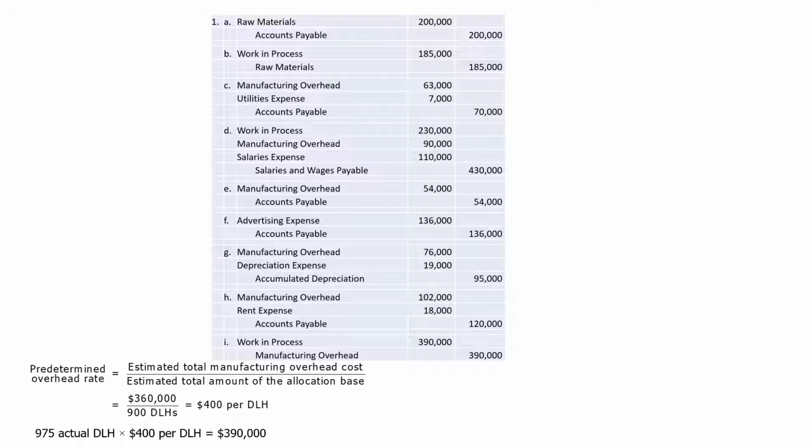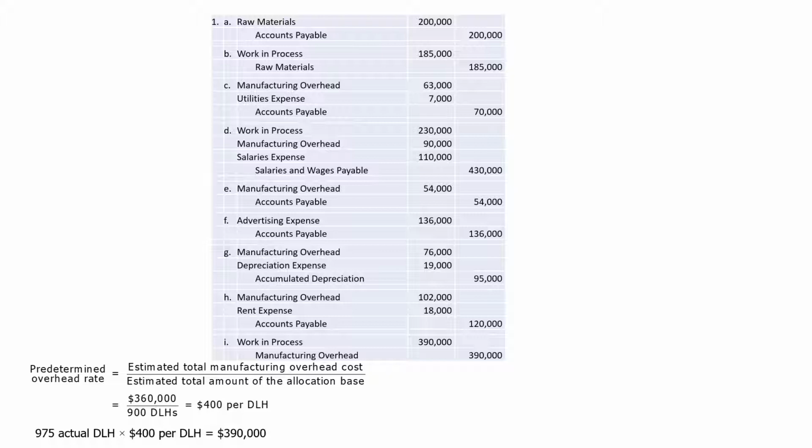So we are going to look through each of these, and as we're going through, we're going to prepare the journal entries. In A, raw materials were purchased for use in production. So we will debit the raw materials inventory account, $200,000, credit accounts payable, $200,000. Raw materials were requisitioned for use in production, all direct materials, $185,000.